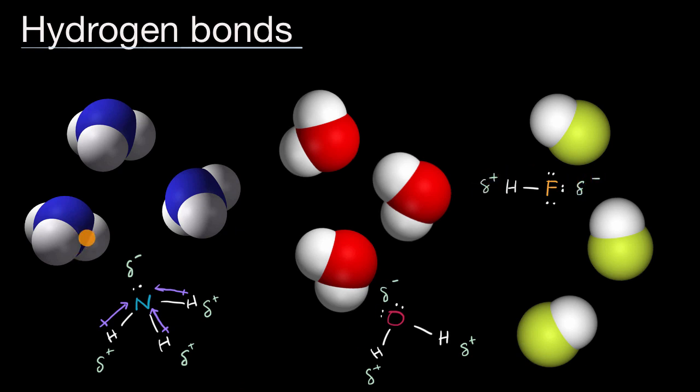And so what do you think could happen when these molecules interact with each other? Well, the negative end of one molecule might be attracted to the positive end of another. Or another way of thinking about it is the nitrogen end right over here of this ammonia could be attracted to one of these hydrogens that has a partially positive charge right over there.